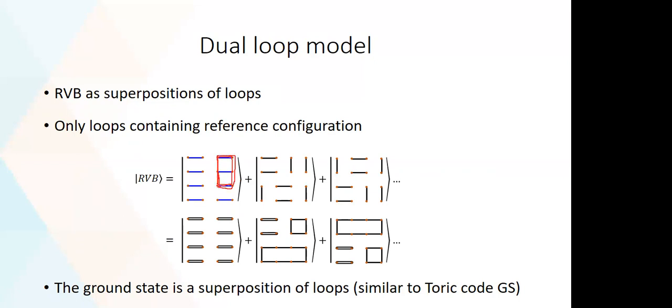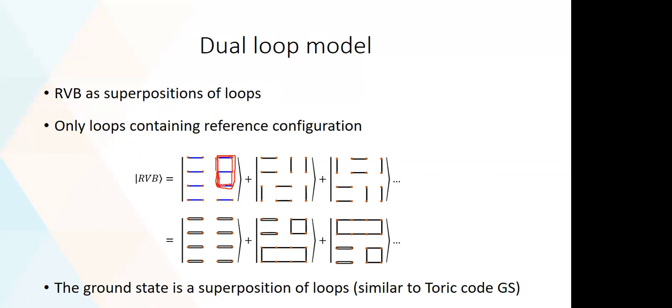It goes through this bond and this bond, and neither of them is in the reference dimer configuration, so it can't be a valid loop. But it also goes through the top and bottom ones, and also through the blue bonds.